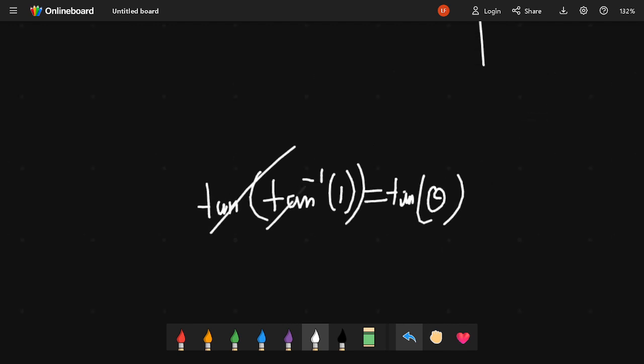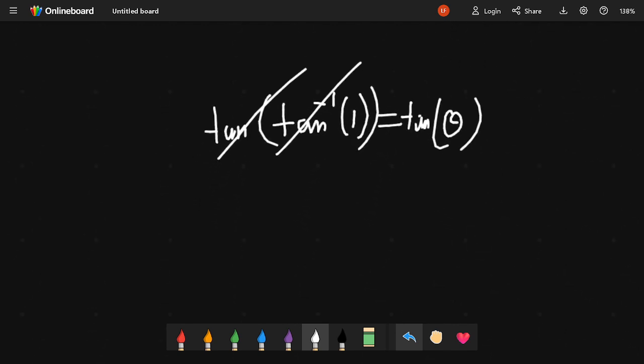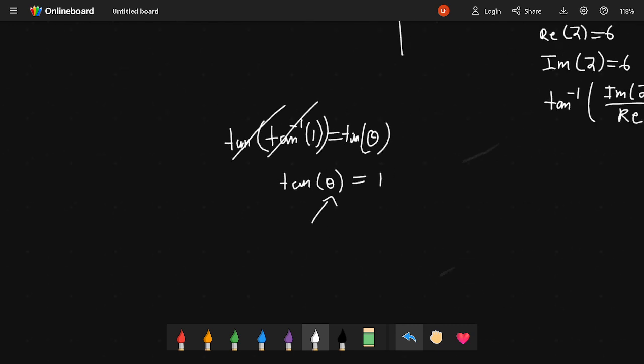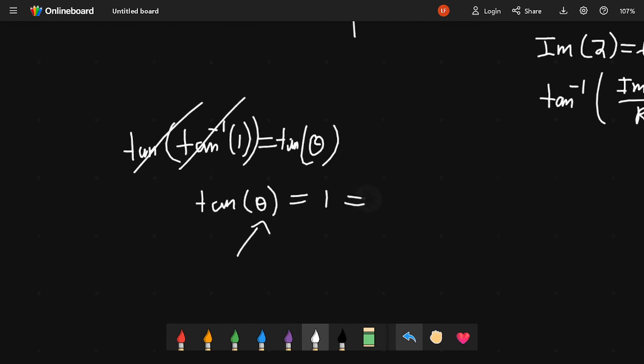These cancel out because they are inverse functions, and you see that tan of theta equals 1. They're asking you for which theta is tan equal to 1. Think about it and tell me in the comments, and that is going to be your argument of z.